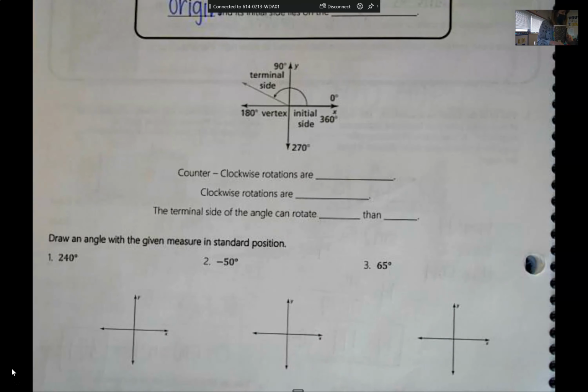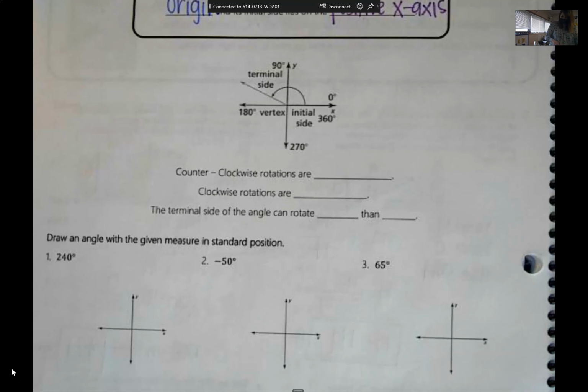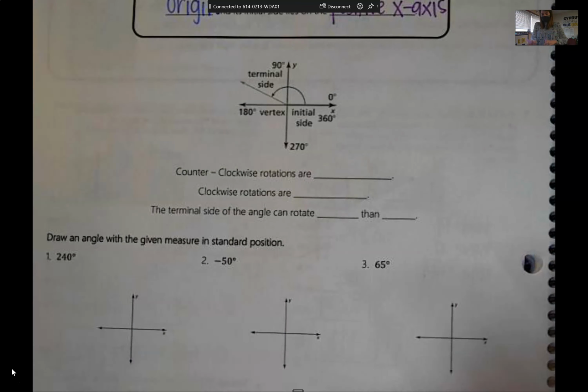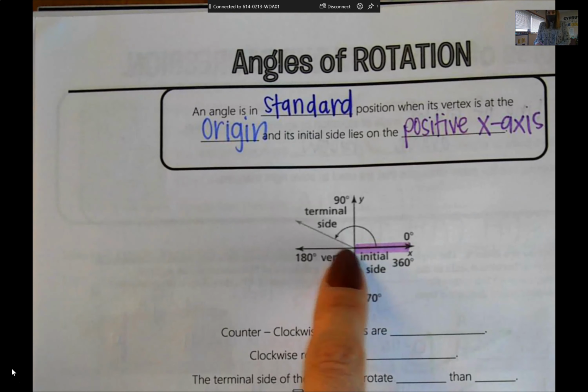And its initial side lies on the positive x-axis. Okay, cool. So, positive x-axis is this side of the x-axis. That's what they mean by positive x-axis, because on this side, it's negative.